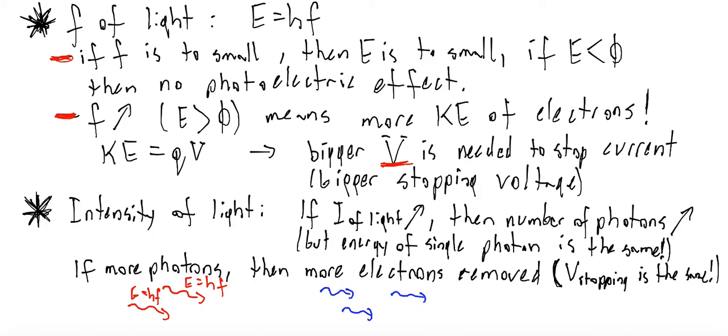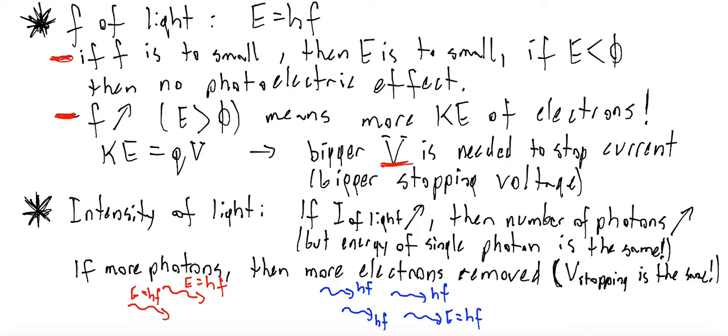So in this case, we have 4. But each of these four has hf of energy. So total energy of light is of course 2 times bigger, because we have 2 times more photons. But energy of single photon is the same because energy is related with frequency.